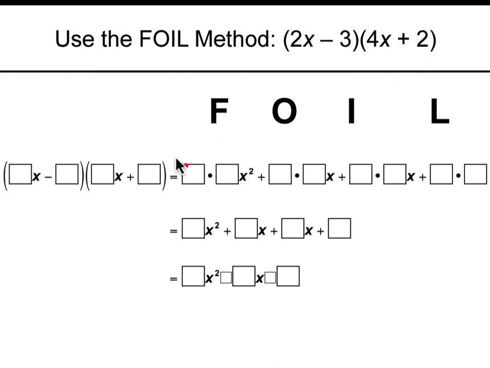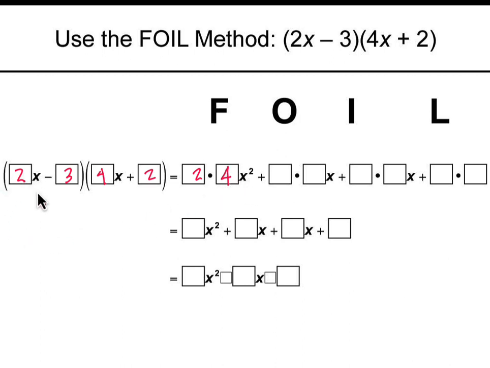Fill in the terms here. 2x minus 3, 4x plus 2. The product of the first terms is 2x times 4x, which is 8x squared.